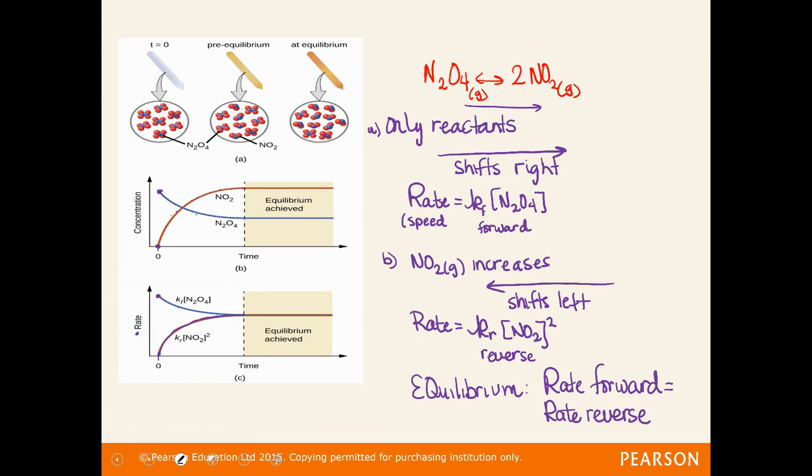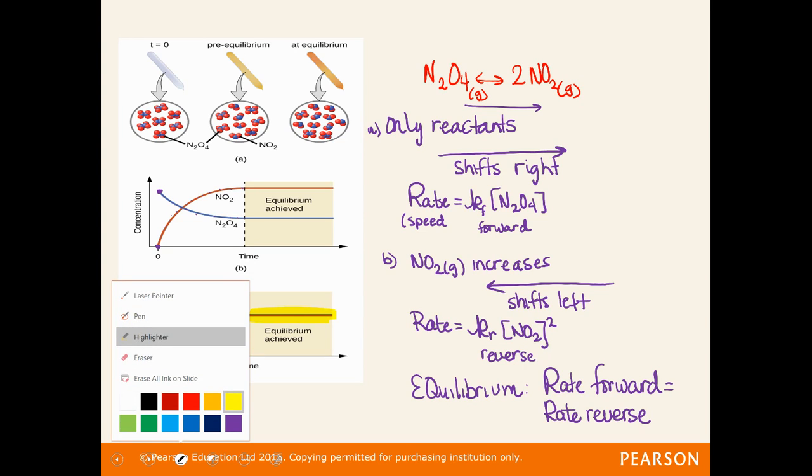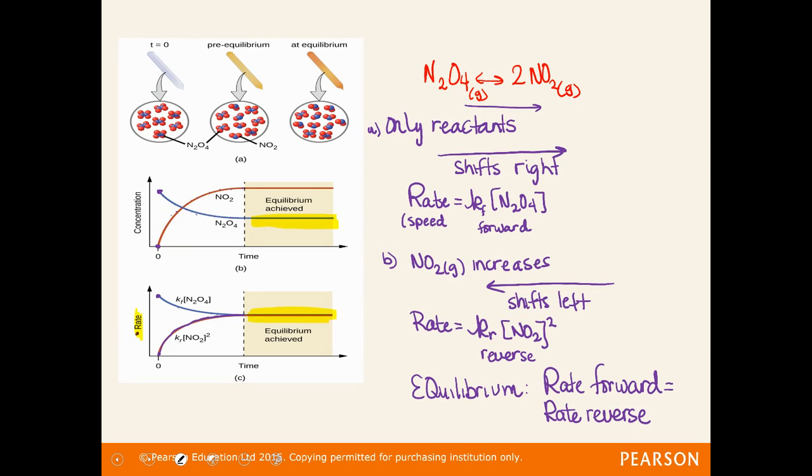Let's take a look. At equilibrium, the rates, I've highlighted here, are the same, reverse and forward. That's the definition. If we're looking up at the top one, when equilibrium's achieved, you have a certain amount of N2O4 in there and a certain amount of NO2. So their amounts are, in this example, not necessarily equal. If you notice, you have more NO2 than you do N2O4.